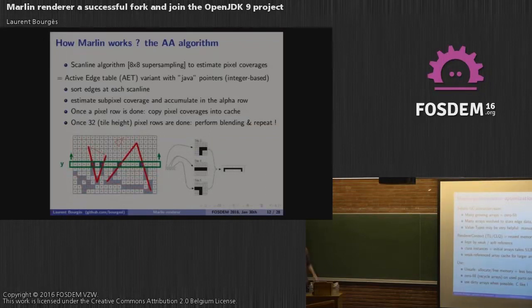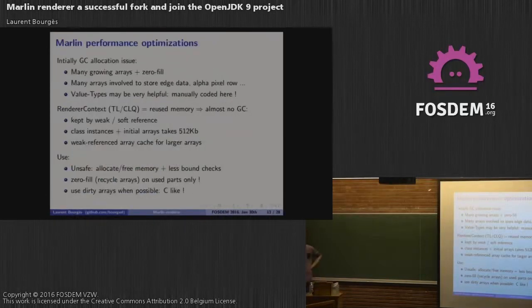In Marlin, you don't need it at all, because I use a small context which is kept in memory, attached using a weak reference, kept in a thread local, and so you always reuse the same small chunk of memory, which is quite optimized. It's more like C programming, you use only those parts to be as fast as possible.